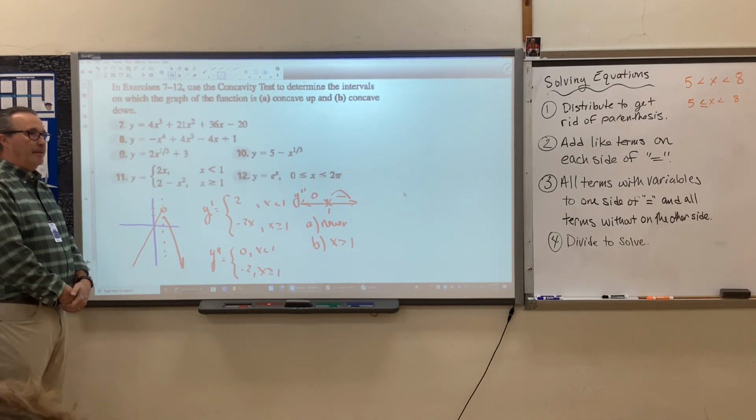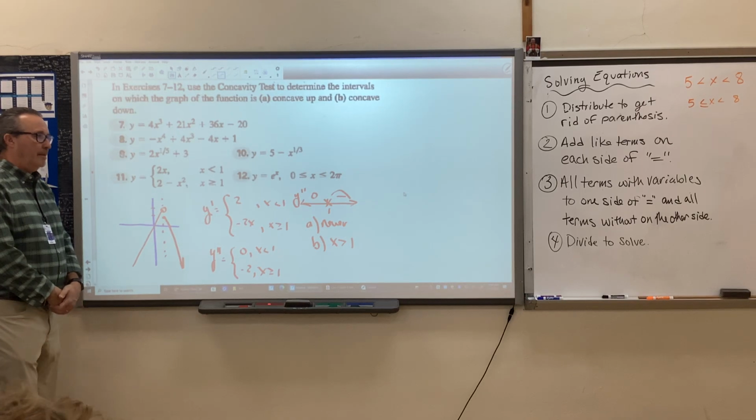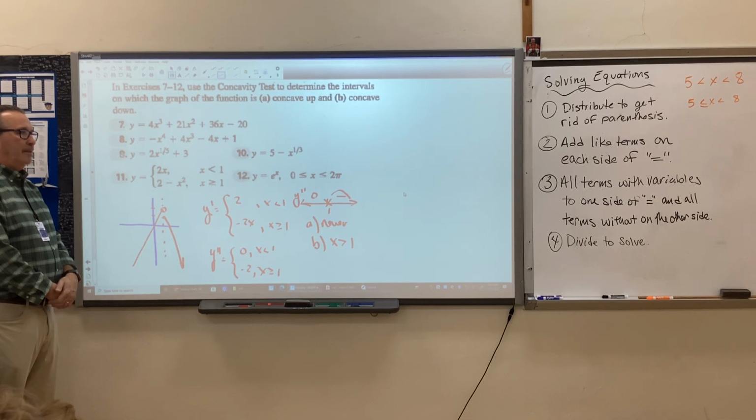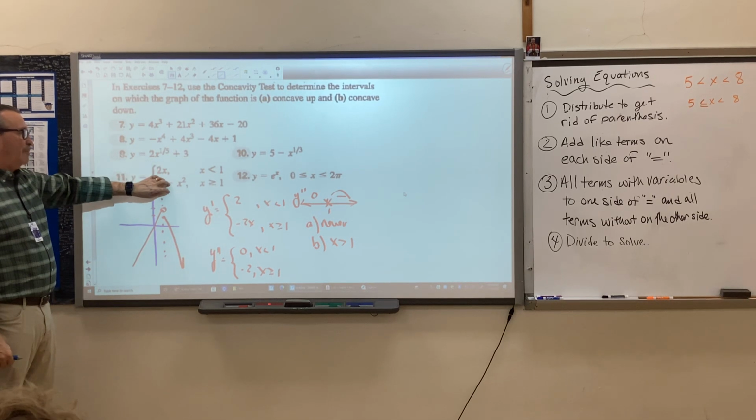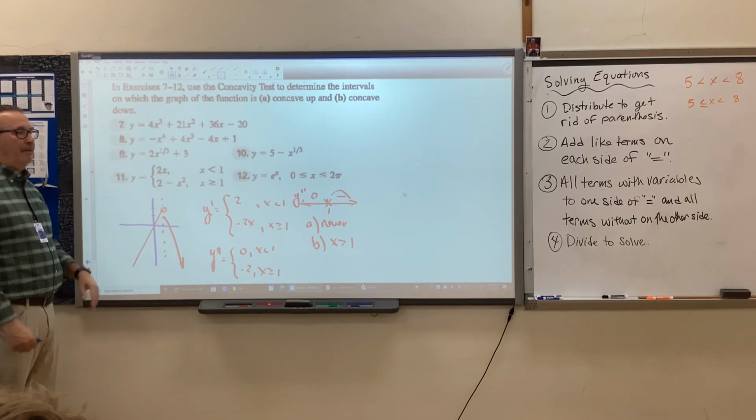Yes. So I did a problem a little different. What I did was to find the derivative, I added 2x with 2 minus x squared, like I set them equal to each other. Now these are two completely separate parts of this graph.